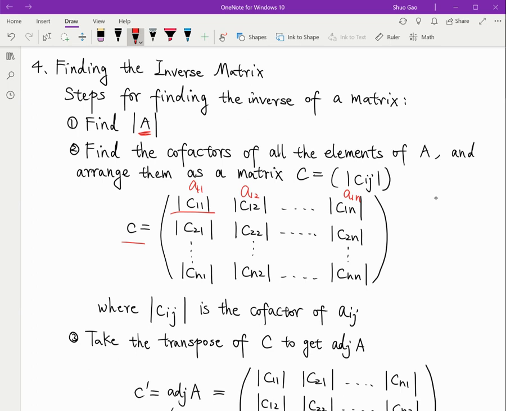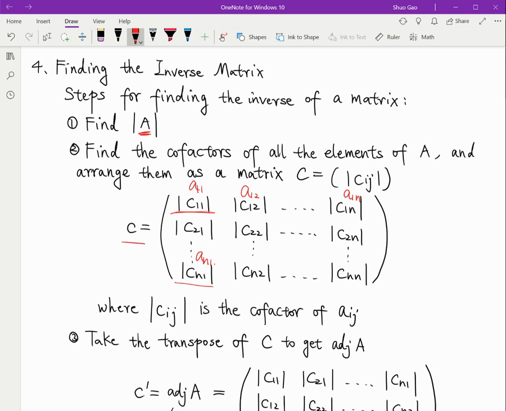So the corresponding Cn1 or Cn2 is the cofactor for the corresponding element. So Cn1 is the cofactor of the element An1. For all the elements of the matrix A, we find all the cofactors. So for A11, we have a cofactor called C11, and for A1n, we have a cofactor C1n.